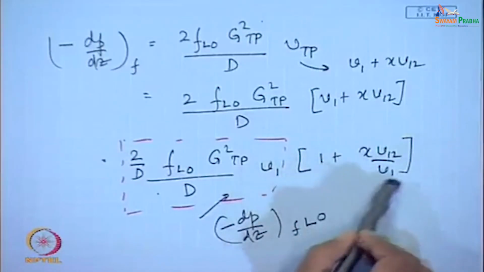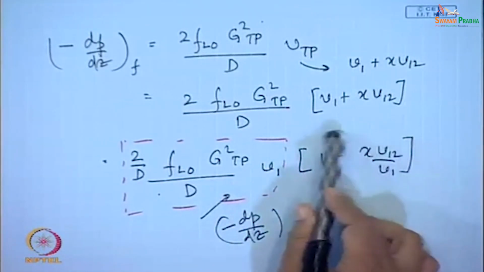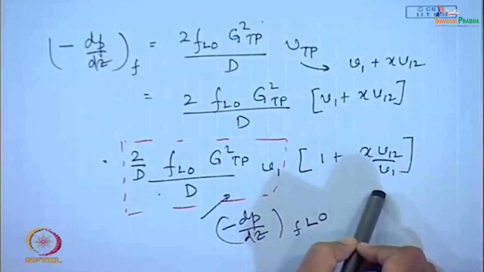When only liquid is flowing through the pipe, you need not even measure the pressure drop, you can just find it out from standard single phase flow equations. So, once you can find out the pressure drop for only liquid flowing, or the entire mixture flowing as liquid through the pipe, then along with that a correction factor has to be incorporated. The second term, this particular term, is the correction factor, which is again expressed in terms of your known physical properties.